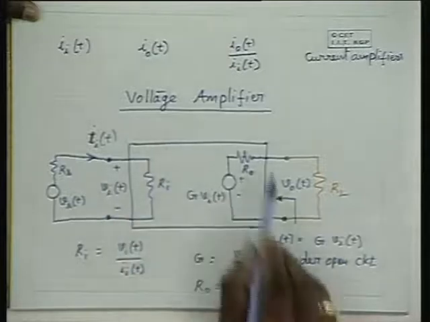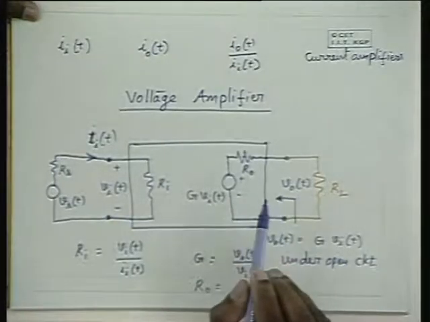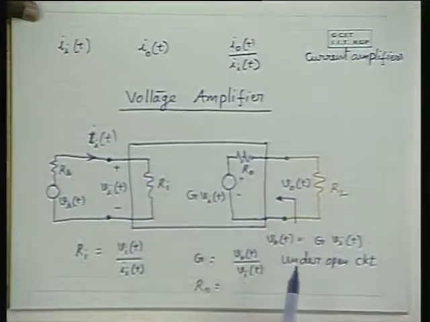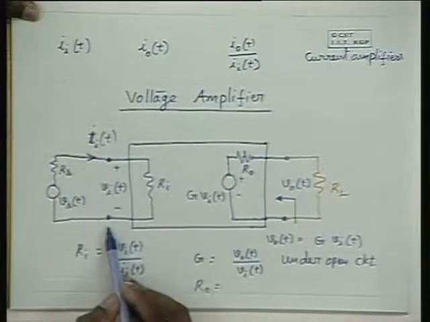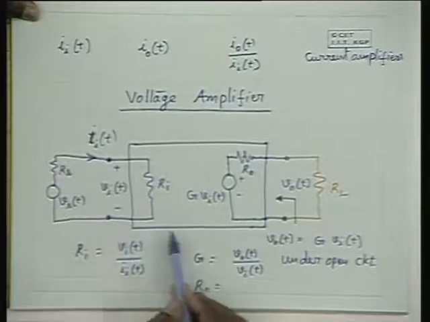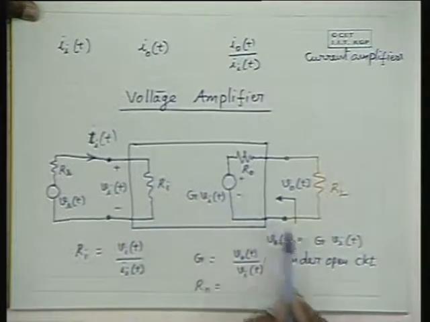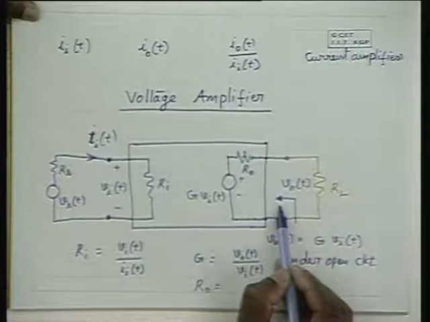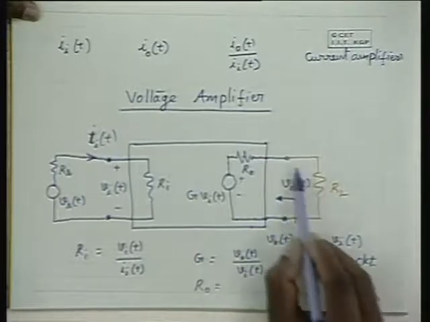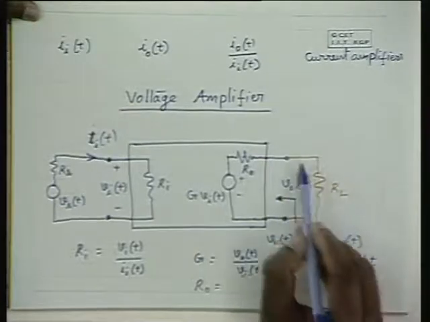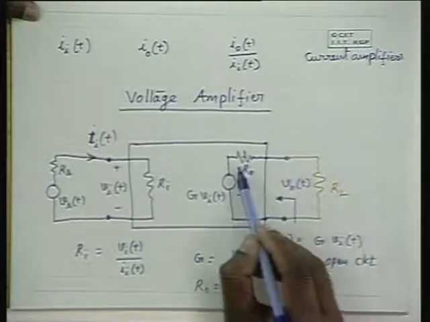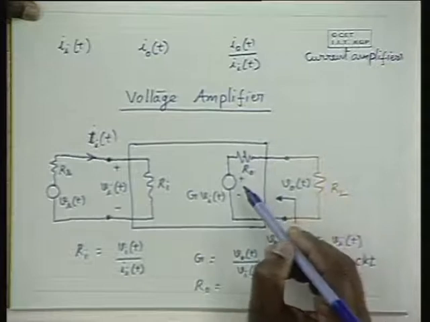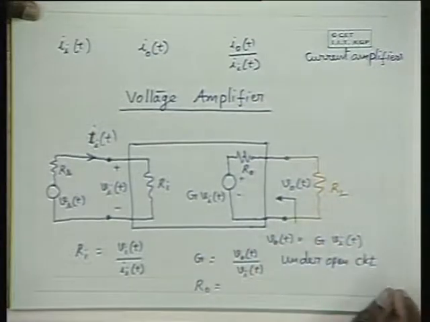So if you are given an amplifier and asked to find out how much is R0, what you have to do is short circuit the input to make this 0, then measure the impedance across the output. How do you measure it? Apply a voltage source, find the current that flows inside, so that voltage divided by the current flowing into the output terminals gives you R0.